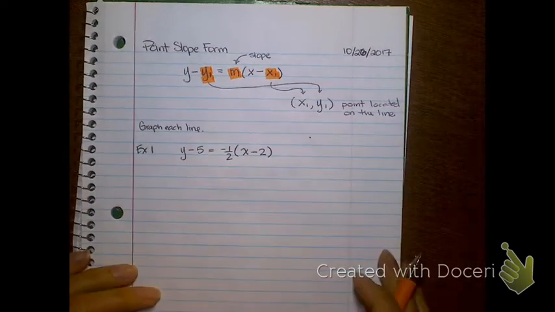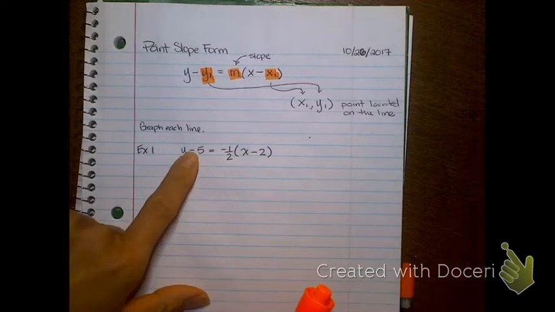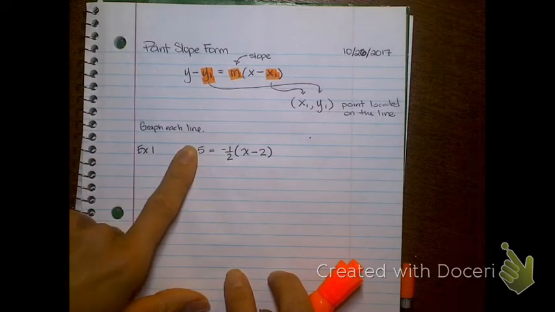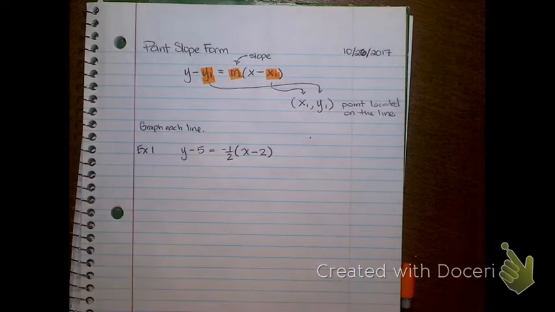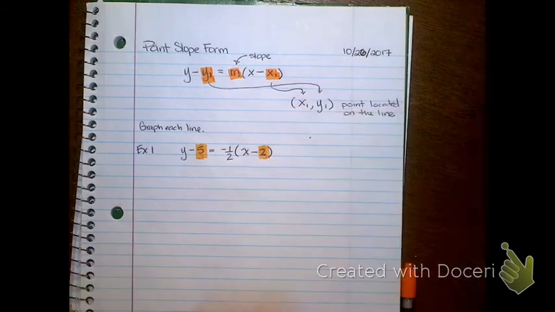In order to graph this line, we want to identify the point and the slope. When I'm identifying the point, I'm not including the minus sign because that's part of the formula, right? So I'm just looking at the number part to identify my point.